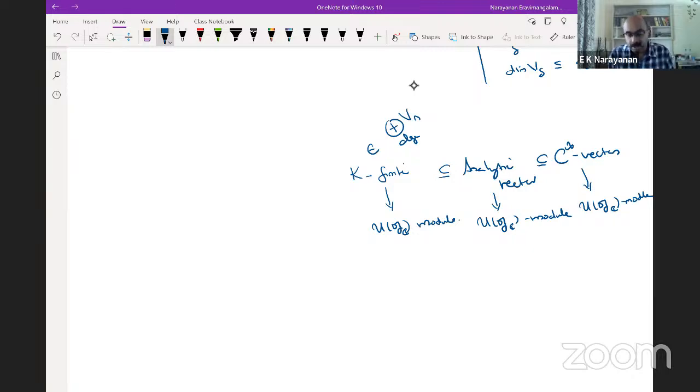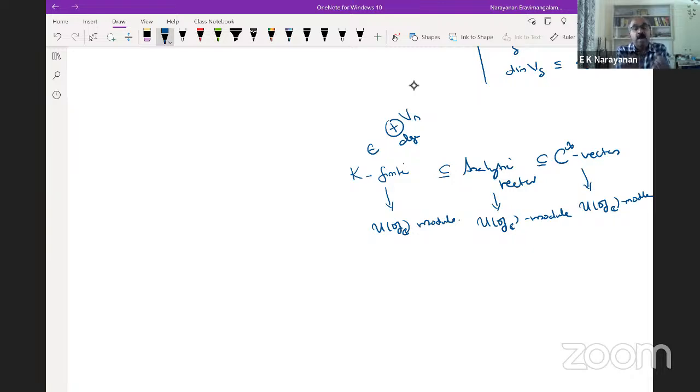Then we can look at the K finite vectors and look at their structure. In our case, remember, the dimension of these Vn's is going to be 1 if they exist. So there is only one vector; it's a very simple space where each Vn is spanned by a single vector.